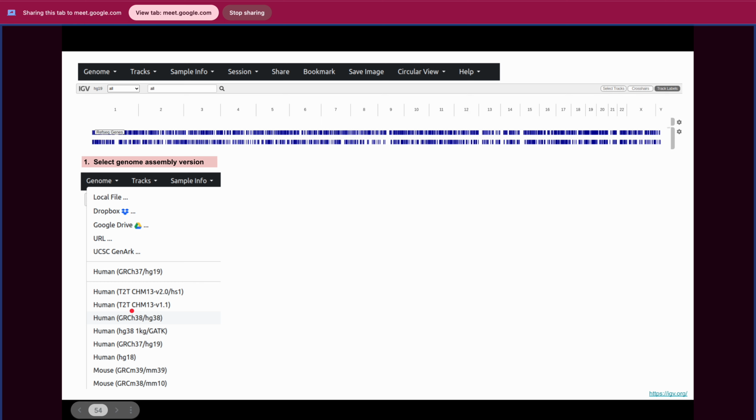In this case, it will also encompass the genomic sequences which correspond to known coding regions. These are the latest, so if you want more precise information, you can go to human T2T, which contains telomere level information as well. Or you can go to GRCh38, HG38. In this case, I've selected this.